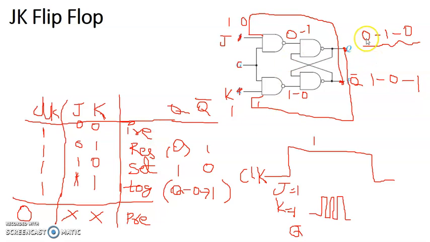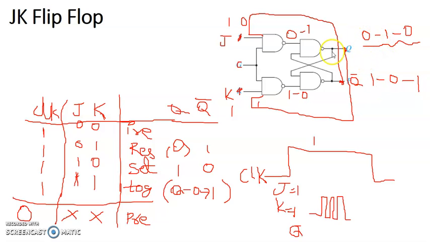Okay, Q is 0 here. If you take J and K as 1, 1, we can't decide the output of the NAND gate. If any one of the inputs is 0, then we can decide it easily. The output of the NAND gate is 1. That's the reason I'll consider this previous state.